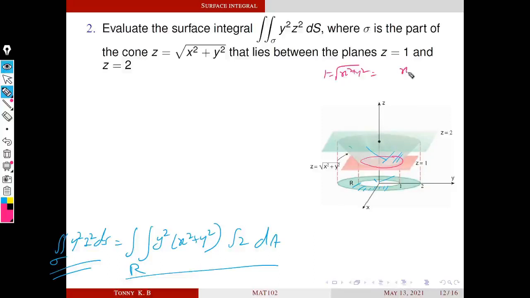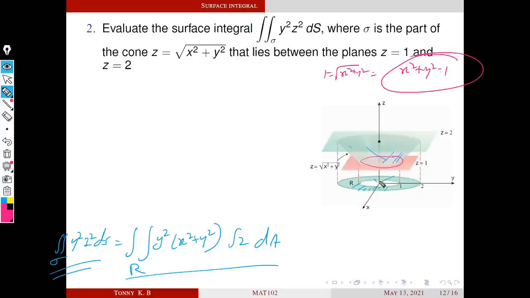That means x square plus y square equal to 1. In 3D, x square plus y square equal to 1 is a cylinder, but we only need the equation of the circle on the xy plane. So the equation of the inner circle is x square plus y square equal to 1.